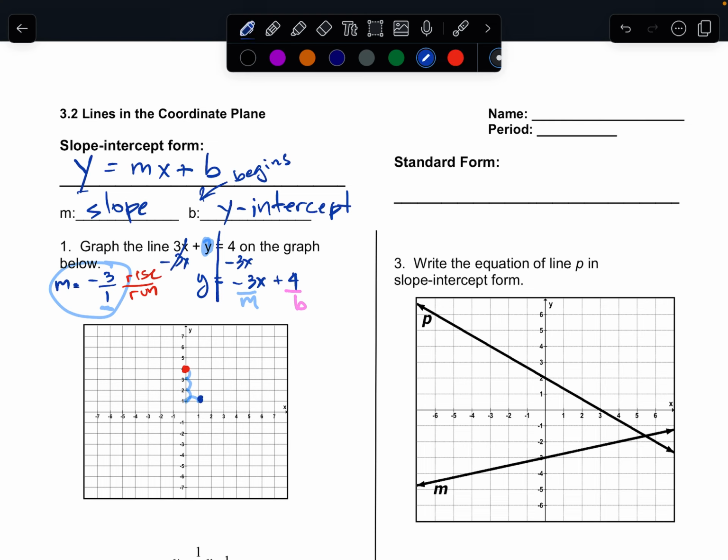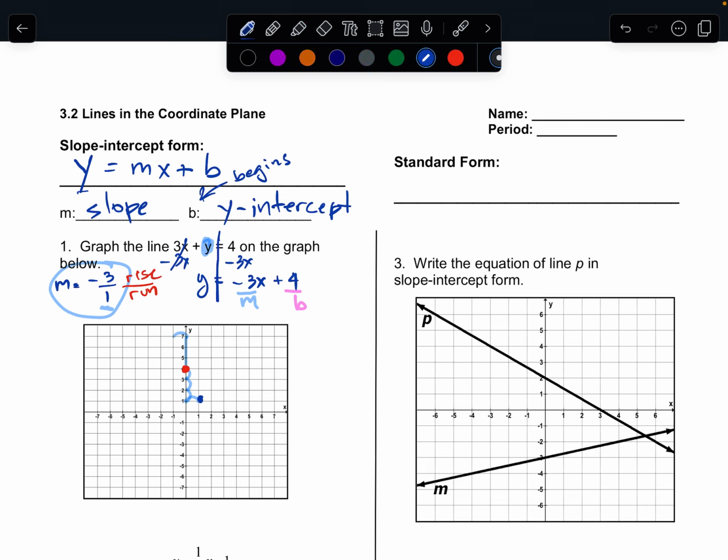Okay. So I could use these 2 points and make my line, or I could go up as well. If I go up, I would do the reverse because I'm going to go up 1, 2, 3. And this time, because that was a positive, I'll go left 1.